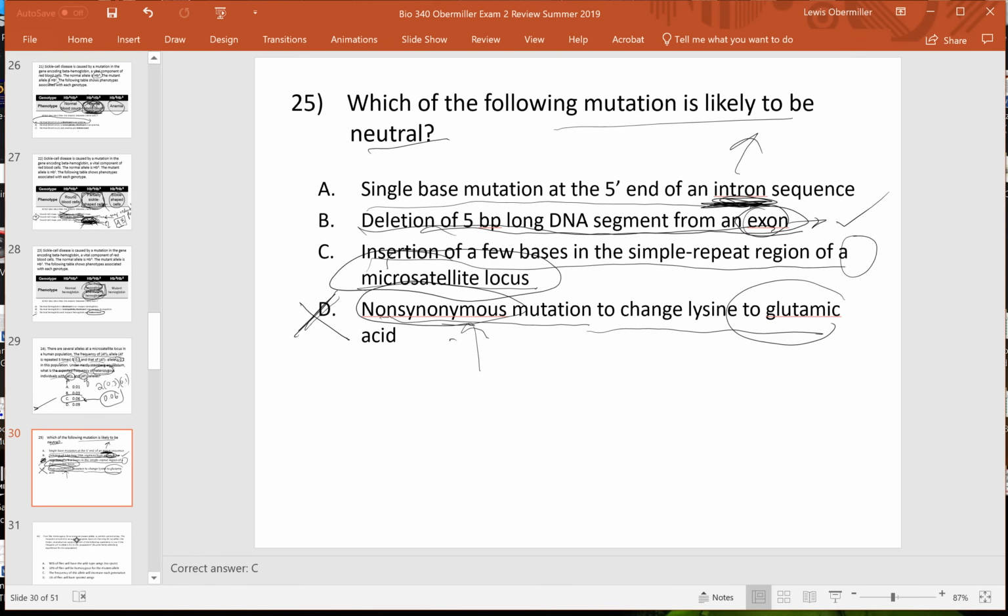So we're going to exclude this because it can't be neutral. That would be bad. This one, we're going to exclude this one. That would be bad. The 5' end, so that's the intron exon junction. Remember, that's where we have that sequence that's super conserved. So we're going to exclude this too. And so the correct answer would be C.